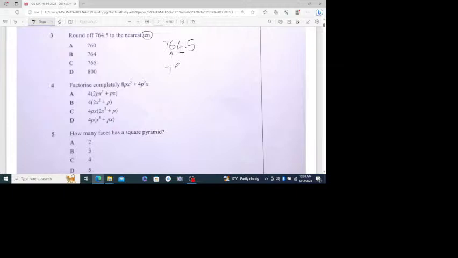That means we keep 6 here, and where there is 4, we put 0. So the correct answer is A. When you round off 764 to the nearest tens, you get 760, so the 4 will not be there.